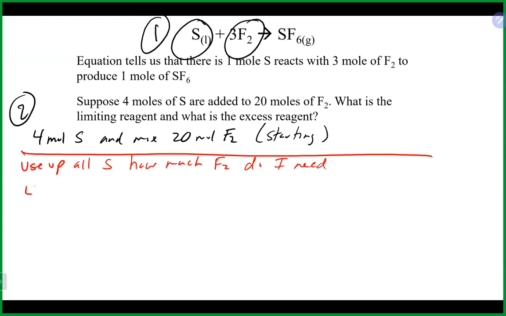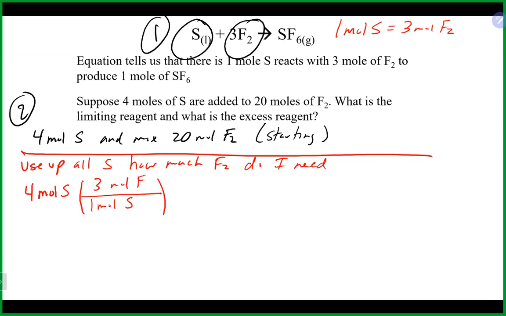So if I started with my 4 moles of sulfur, from the equation, I can see that for every 1 mole of sulfur, I get 3 moles of F2. So we're going to use that as a relationship. And we will have 1 mole of sulfur and 3 moles of F2 on top. The moles of sulfur cancel, and that's going to give me 12 moles of F2 is needed.